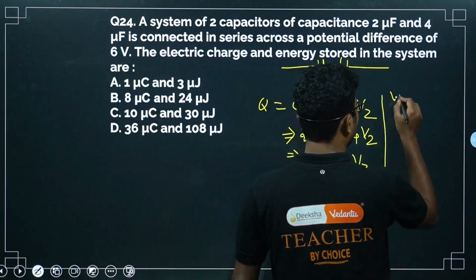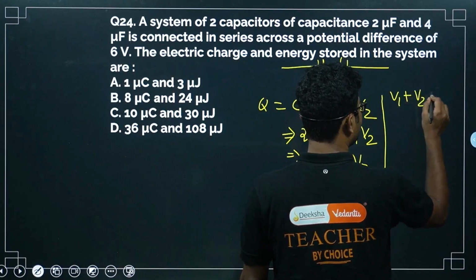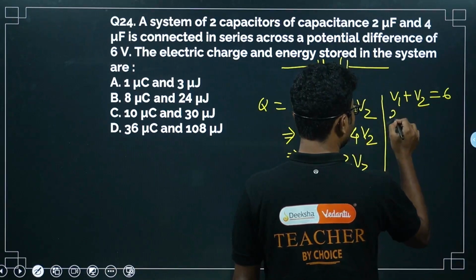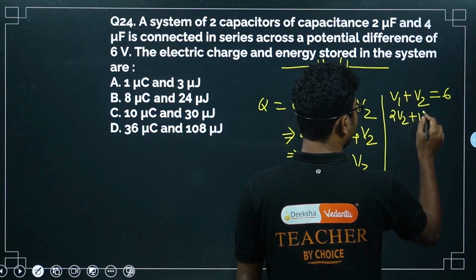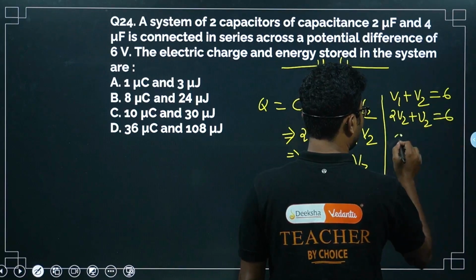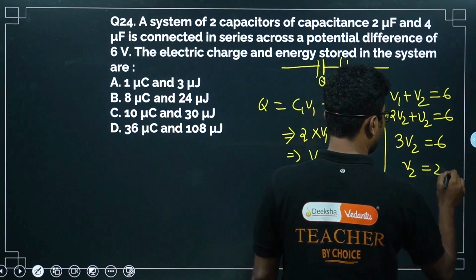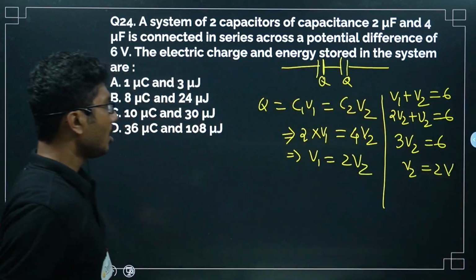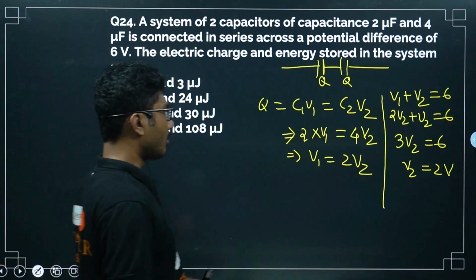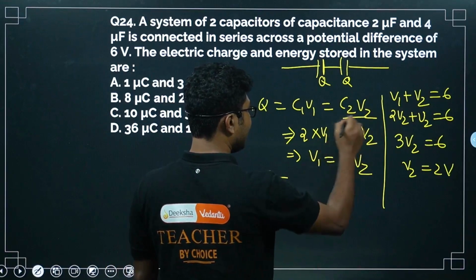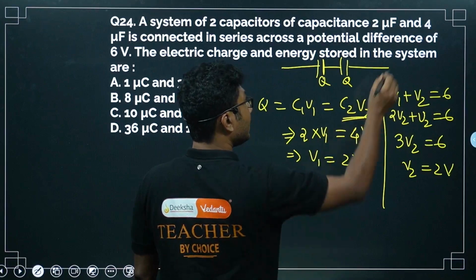Also, we know that V1 plus V2 should be the total potential supplied, that is 6 volt. Now V1 is 2V2, plus V2 is equal to 6, or 3V2 equals 6, or V2 equals 2 volts. So we have calculated the potential for the second capacitor. So charge will be, let me use this one only, C2 is 4.